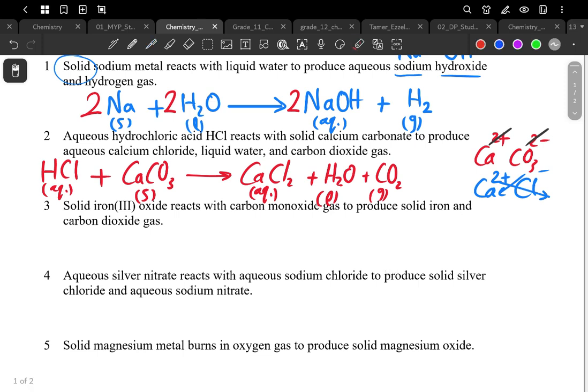So let's check for the hydrogen atoms on this side. The left side has 1 hydrogen atom, and here it has 2. So the first step, I'm going to add a coefficient of 2 here to balance the hydrogen on both sides, and now it is okay.